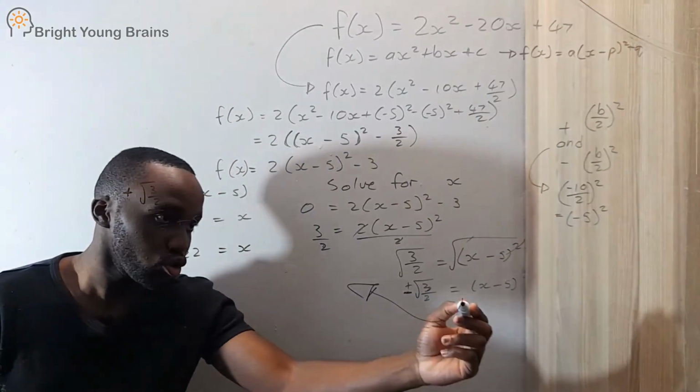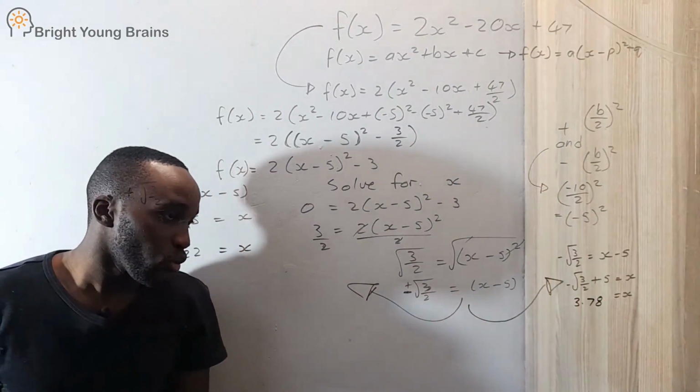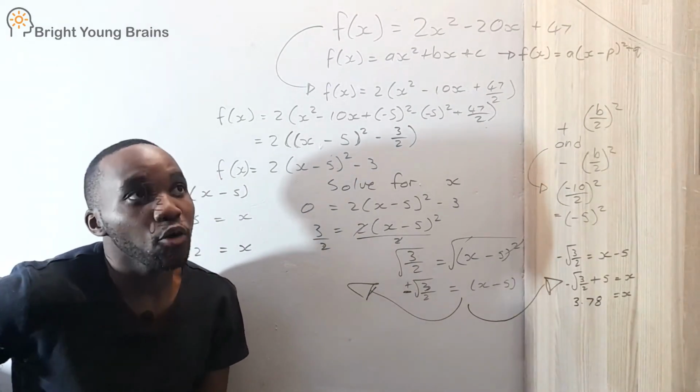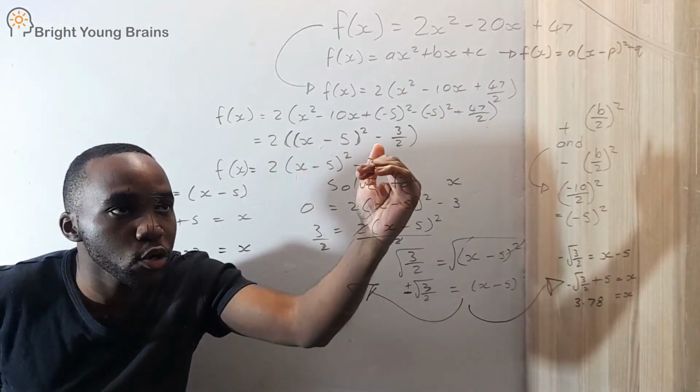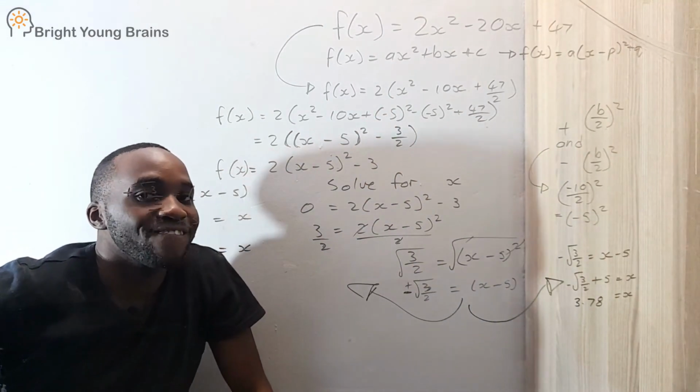Our other solution is going to be 3.78. You see, and that's how you solve for x, by completing the square. You complete the square first, you make this equal to 0, and then you just simplify.